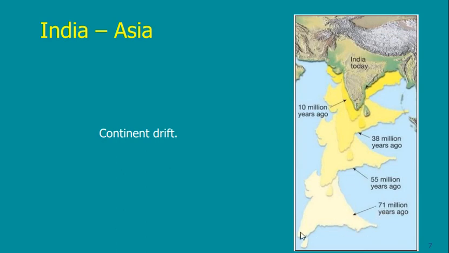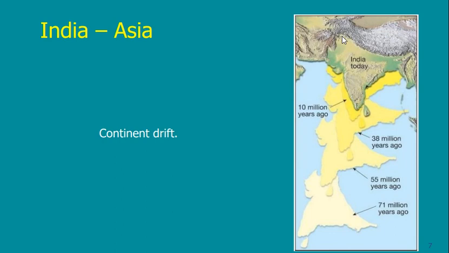This was the shape of India 71 million years ago. Then it moved like this, like this, like this. Then it collided here with this shore of Asia. What happens if you have two things colliding together? Usually, if you have two cars colliding together, the strongest car will smash the weaker car.